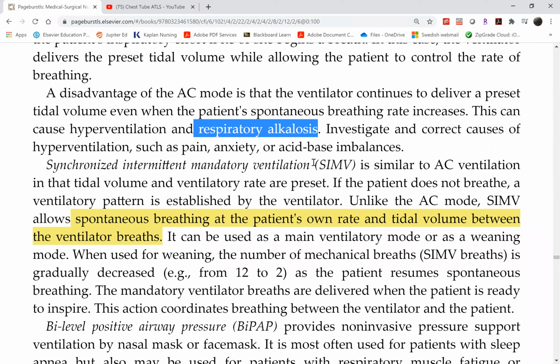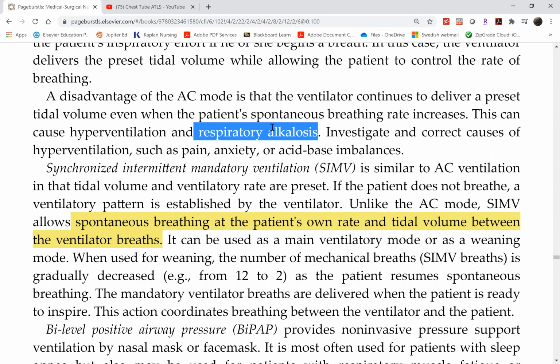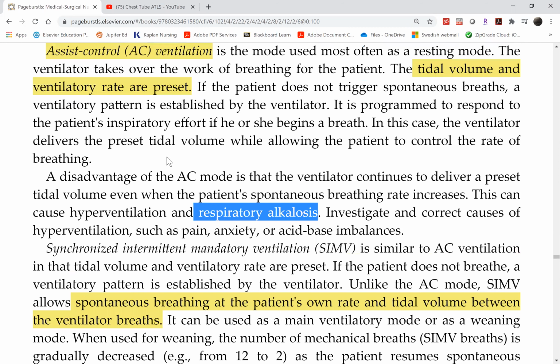Of course, if he's not convinced that the patient is getting better, he will just tweak the settings on the vent. Let's say patient goes into respiratory alkalosis, maybe he'll drop the FiO2, or rarely, no doctor will drop the respiratory rate on an AC mode below 12.